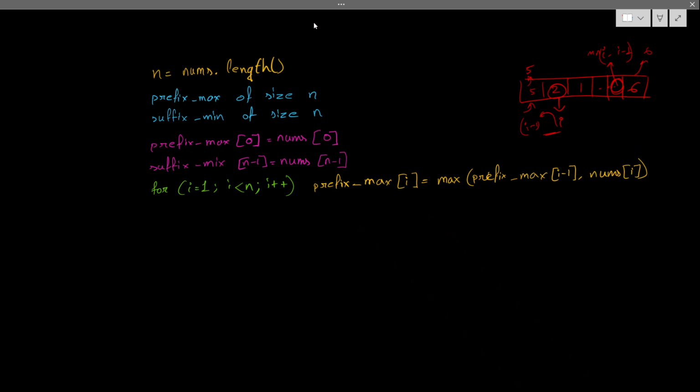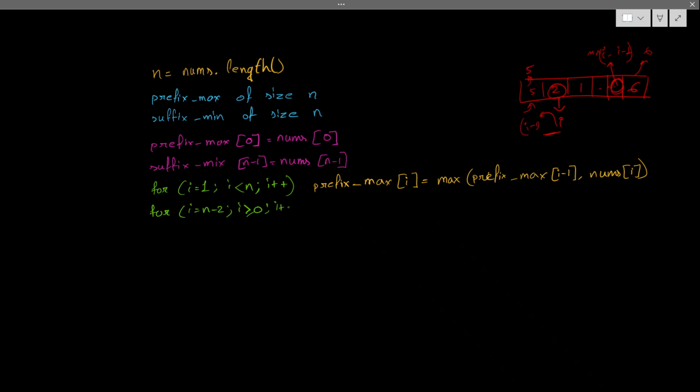After that, another loop will be there. For suffix min, for I equals to n minus 2, because I have already calculated n minus 1, I greater than or equal to 0, I minus minus.